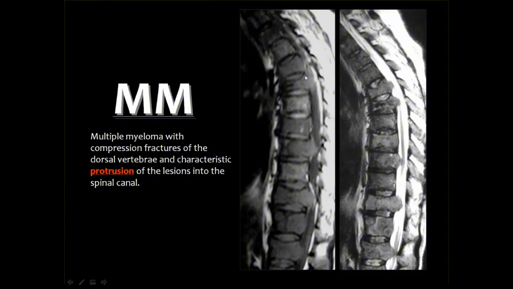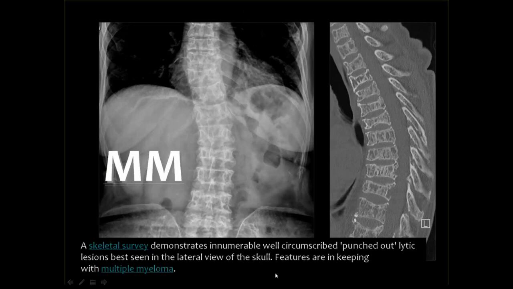In metastasis, if you look at this vertebra with straight posterior margin, this is a common finding for metastasis. But this appearance is not pathognomonic, but it is suggestive of myeloma.